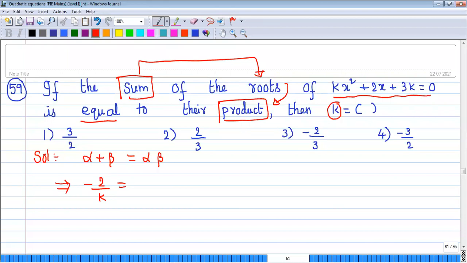Alpha beta, constant term by coefficient of x square, that will be 3k upon k, which is 3. The k's cancel out. That means minus 2 upon k is equal to 3. Cross multiplication, 3k is equal to minus 2. Now tell me what will be the value of k? Minus 2 upon 3. Yes.